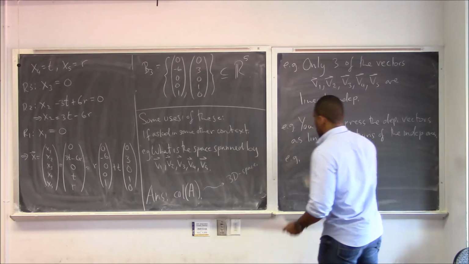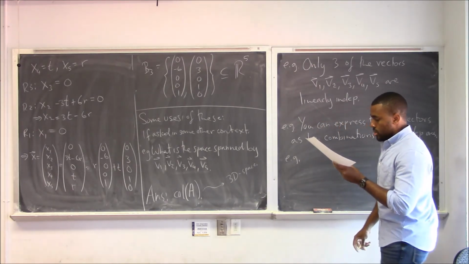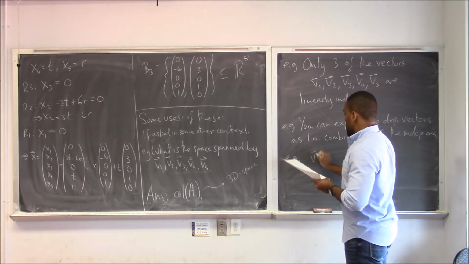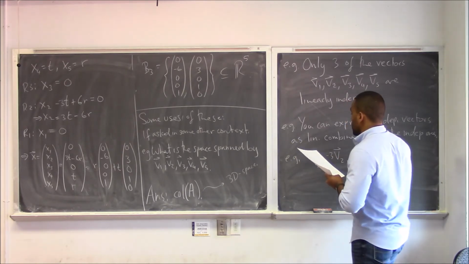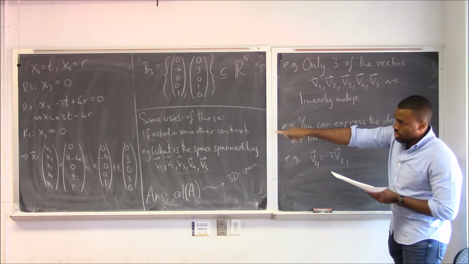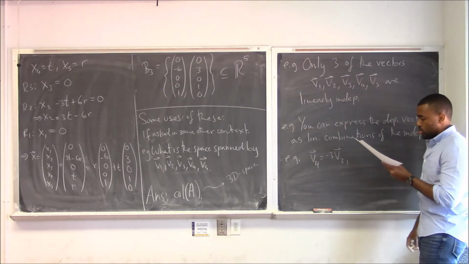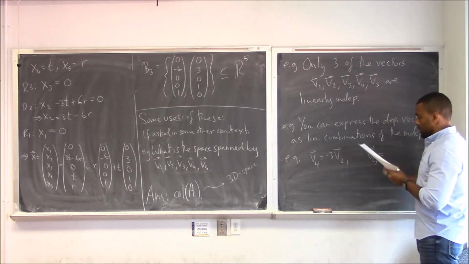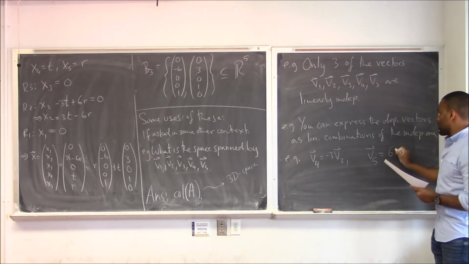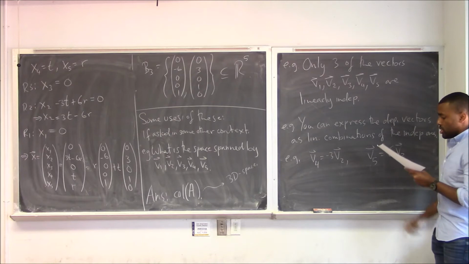Example. Here you can realize that v4 is actually just -3 times v2, because you can look at the vectors and see that relationship holds pretty easily. You can also see that v5, once you reduce it and you put in a lot of zeros, it's easy to see relationships start to form.